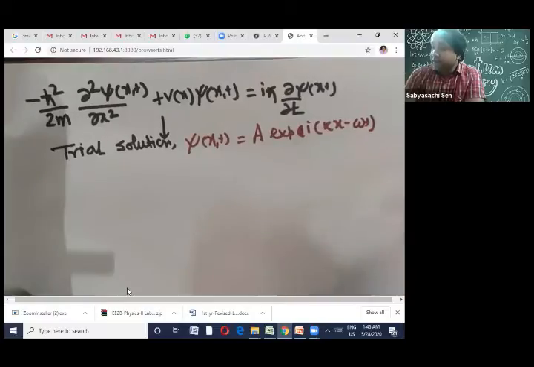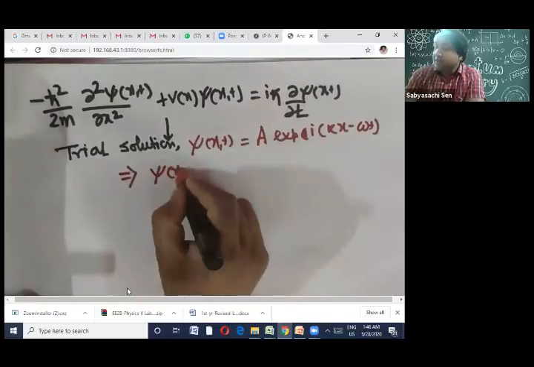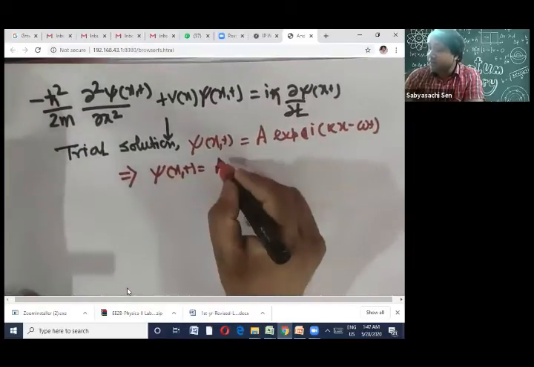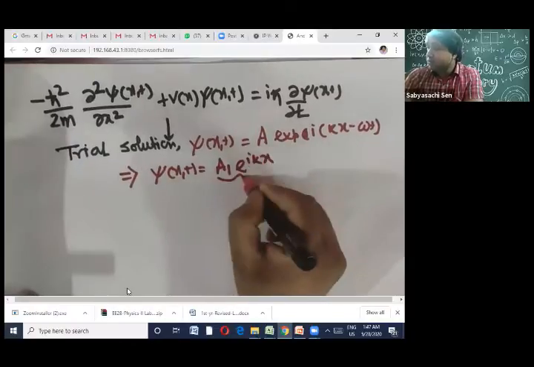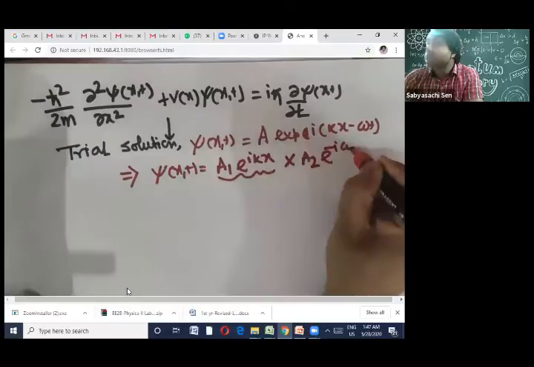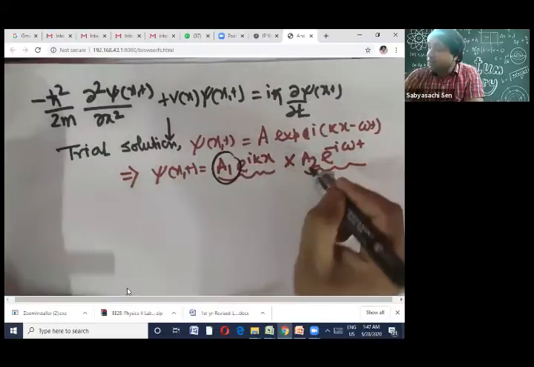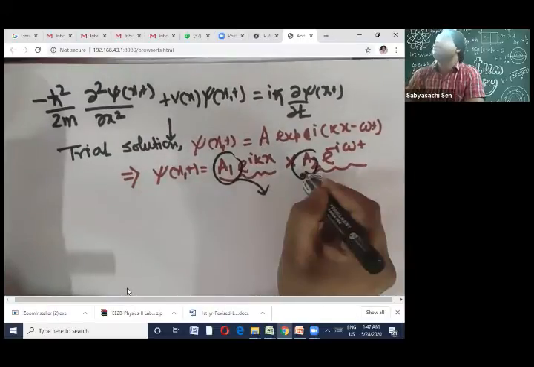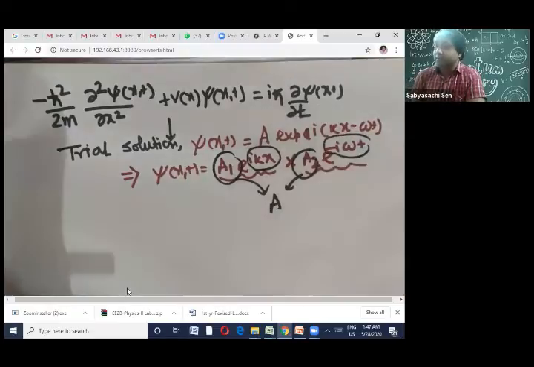So now what shall I do in the next line? I can write psi(x,t) in this way: a1 e to the power ikx times a2 e to the power minus i omega t. The idea is that a1 and a2 together make the constant A, and the e to the powers, being multiplied, are added in the power. Now this gives you something new.